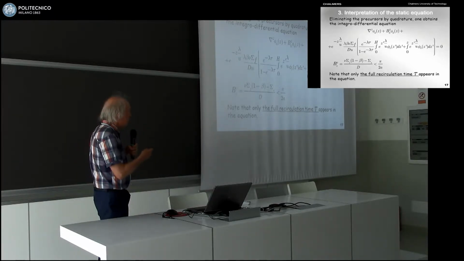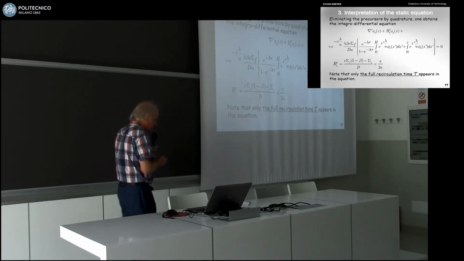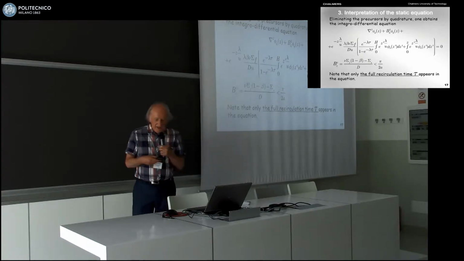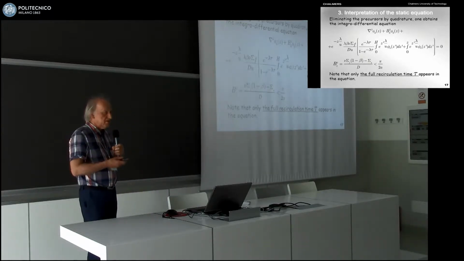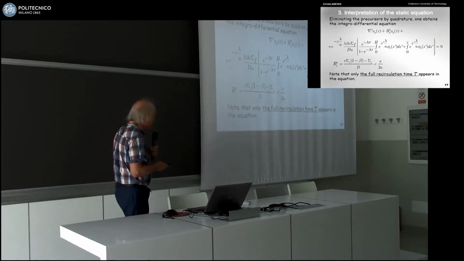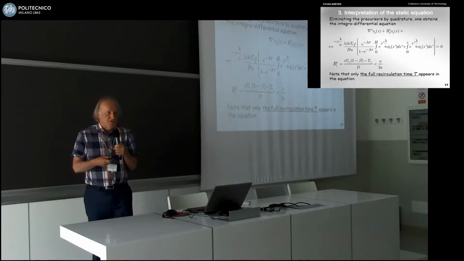Now, I did not show the steps, but if one solves the equation for the delayed neutron precursors, or rather expresses them as an integral over the neutron flux, then it becomes a little bit more complicated because of the streaming term.